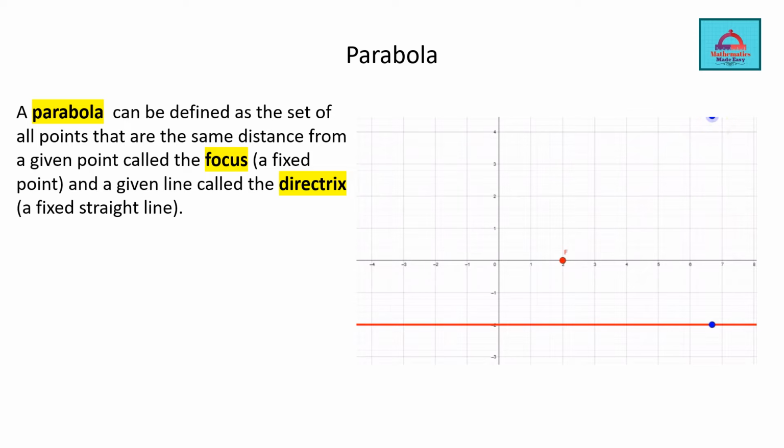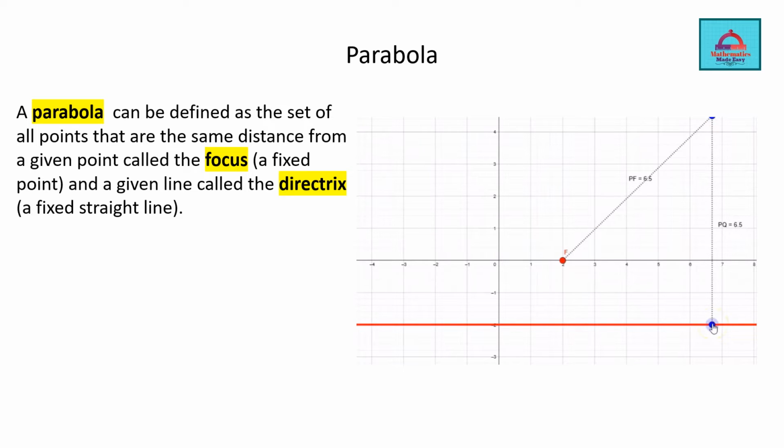So the fixed point, focus, and the fixed line directrix is very important. Any point, the blue dot that you take, and you start generating, you see that the distance PF, the distance of the point P from the focus, and the directrix is the same. So when you make it the same and then you start generating the surface, you start collecting all the set of points, as you see in the animation, which are at an equal distance.